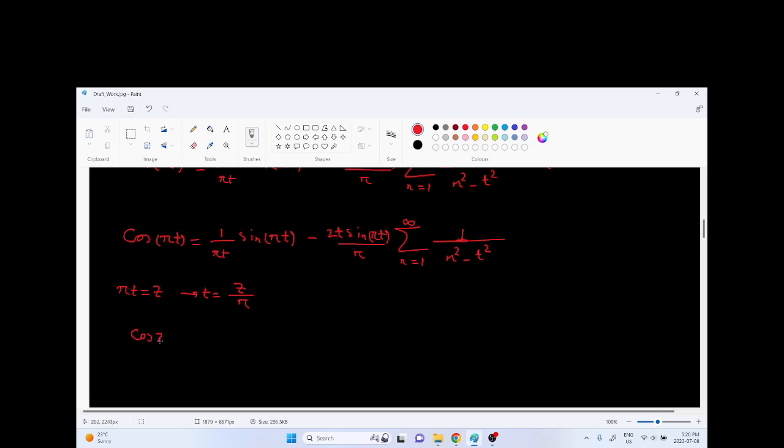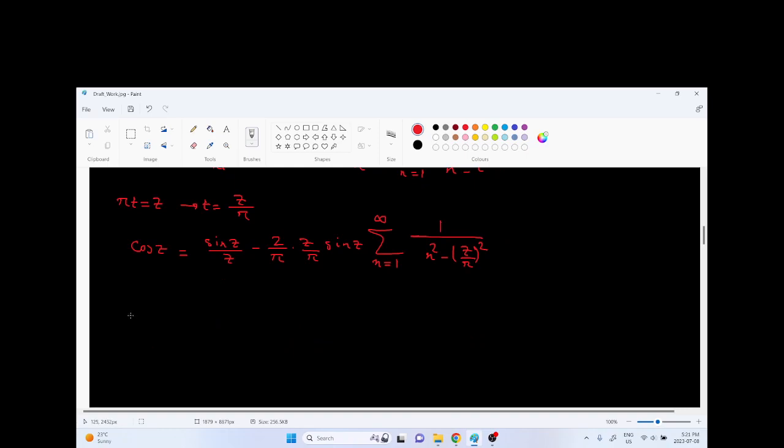So on the left we get just cosine of z, on the right we have sine z over z minus 2 over pi, there's a t which is z over pi, and then sine of z times the series as n runs from 1 to infinity of 1 over n squared minus z over pi squared.